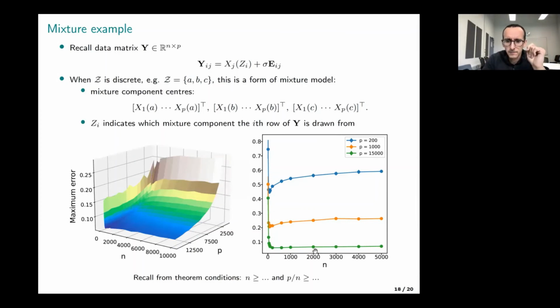On the other hand, when p is fixed and n grows, there's some initial drop in that error, and then it plateaus, or in some situations actually goes back up again. So our theory doesn't really tell us about the shape of these curves. What it does tell us is that once n is large and p over n is sufficiently large, then we should have this concentration.